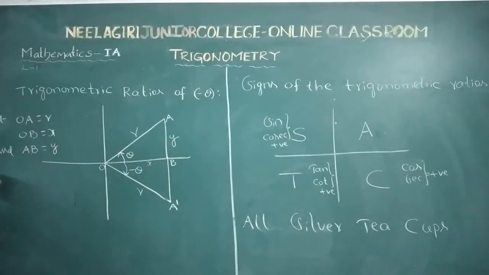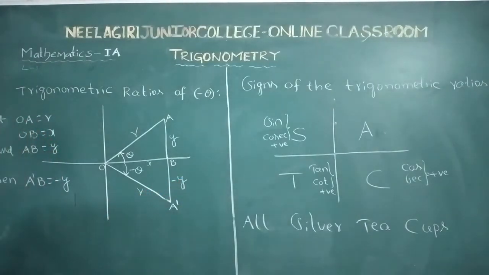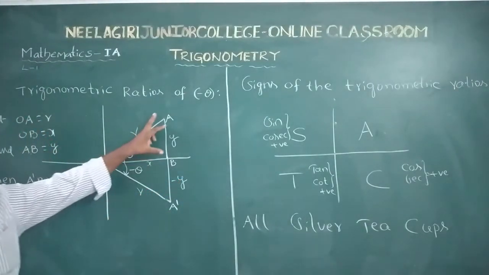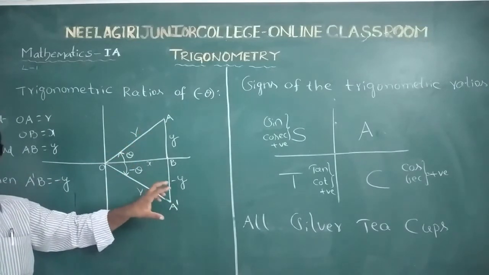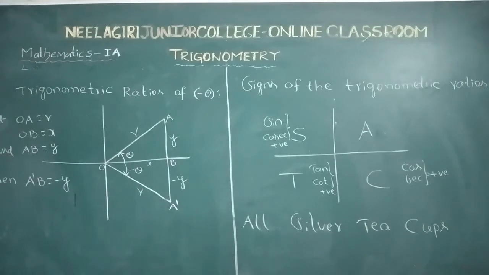Then A dash B, this being the reflection of AB, should be minus y. Understand?